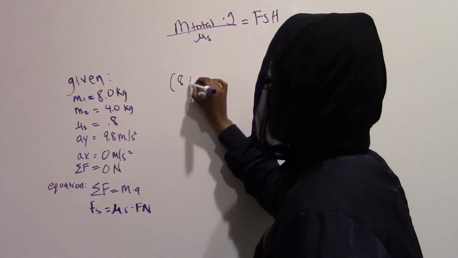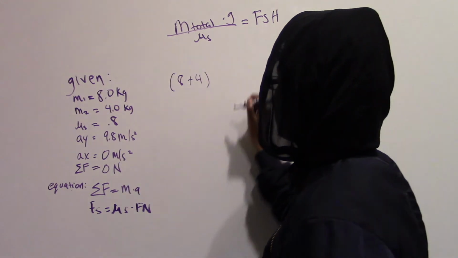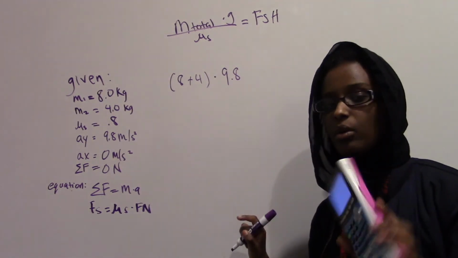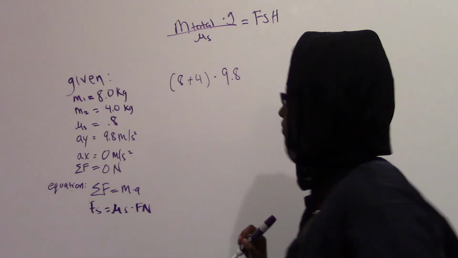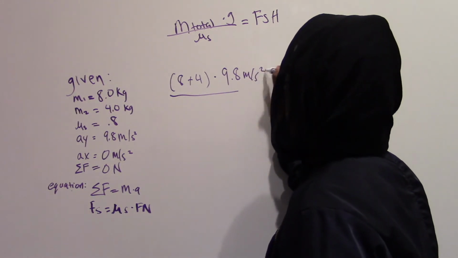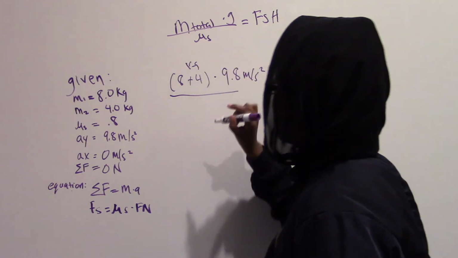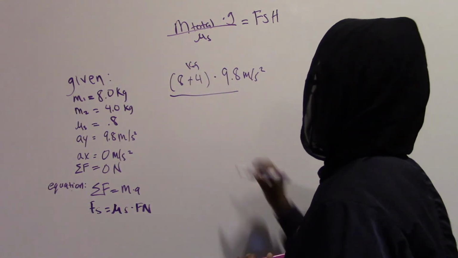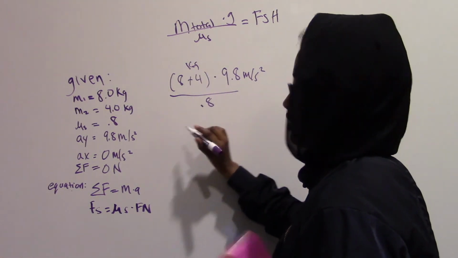Mass 1 plus 4 for mass 2 times 9.8, which is positive because of how we defined our coordinate system earlier. All over, this is meters per second, don't forget. Those kilograms. Yeah, don't forget you need your units. And then 0.8, which is unitless.